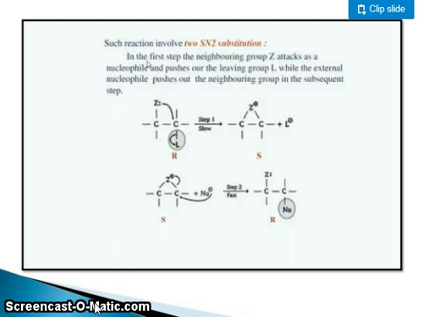Such reactions involve double SN2 substitution. In the first step, the neighboring group Z attacks as a nucleophile and pushes out the leaving group L, while the external nucleophile pushes out the neighboring group in the consequent step.